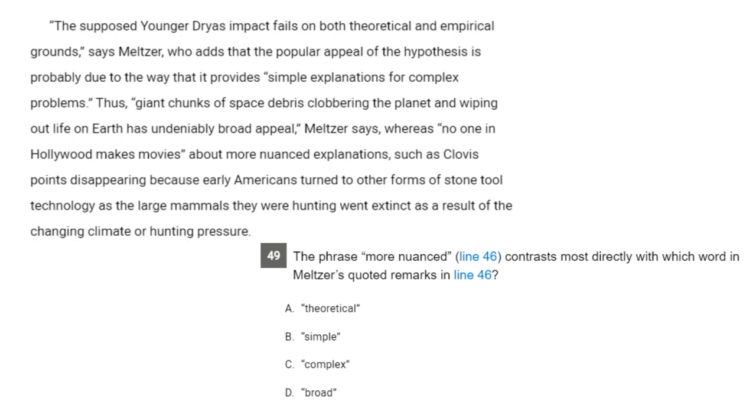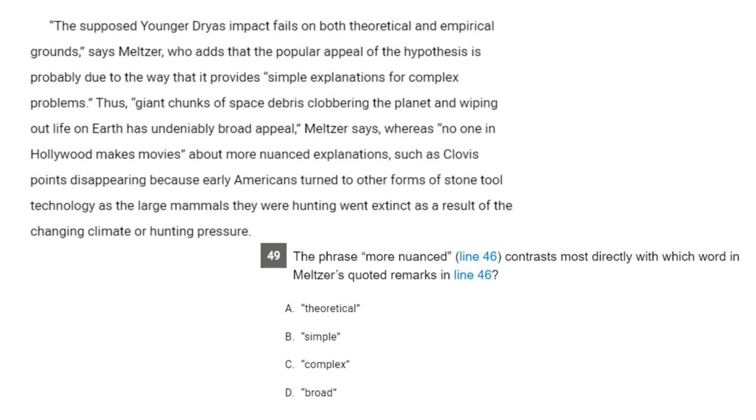The supposed Younger Dryas impact fails on both theoretical and empirical grounds, says Meltzer, who adds that the popular appeal of the hypothesis is probably due to the way that it provides simple explanations for complex problems.